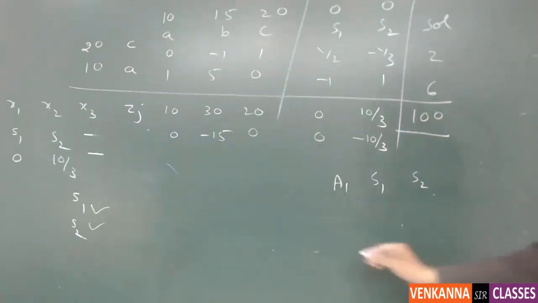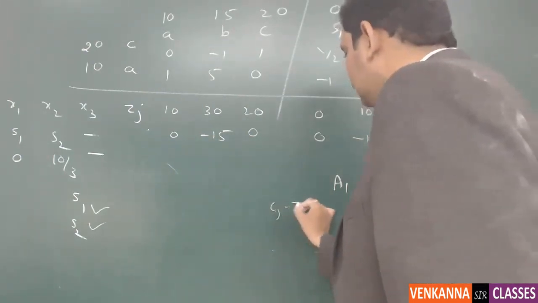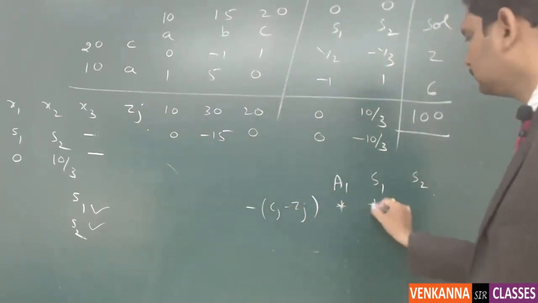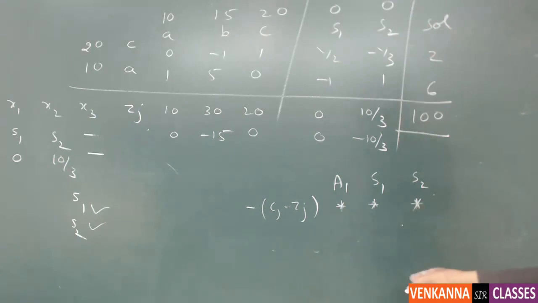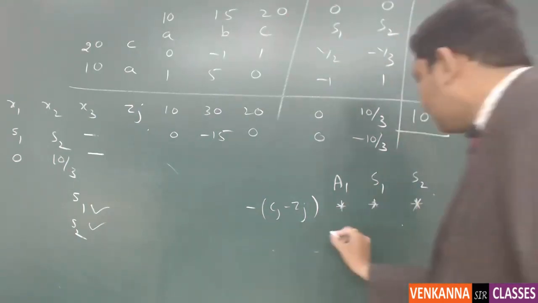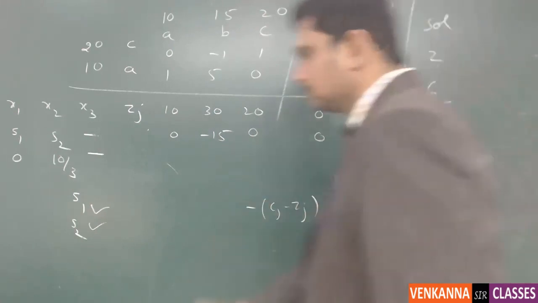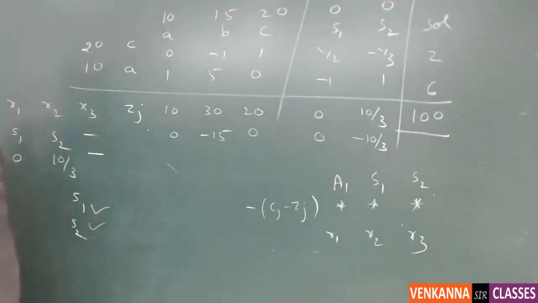You have the corresponding Cj minus Zj values taken. You take the corresponding same variables of the primal. That's it. Fine. That will give the solution of the primal.